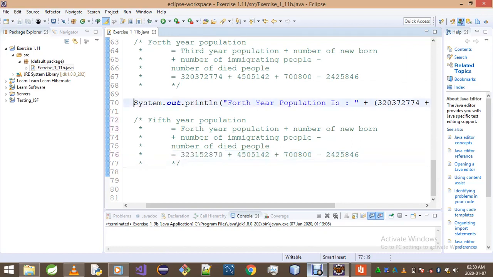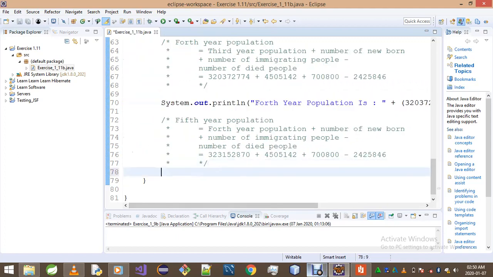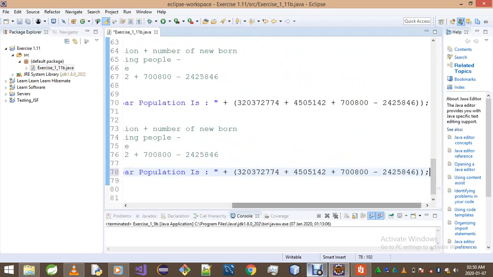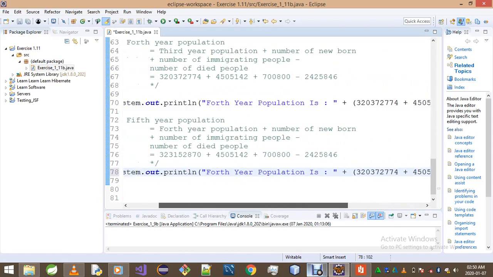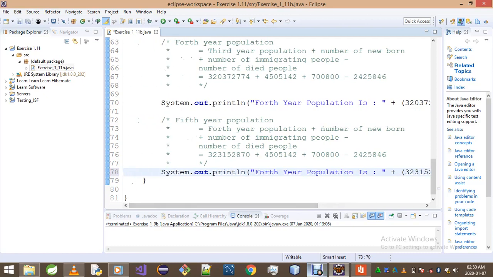So now we've got to display this. This is actually, okay, let's see. What is actually the fifth year.